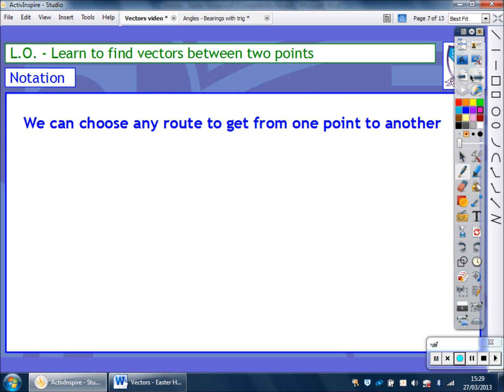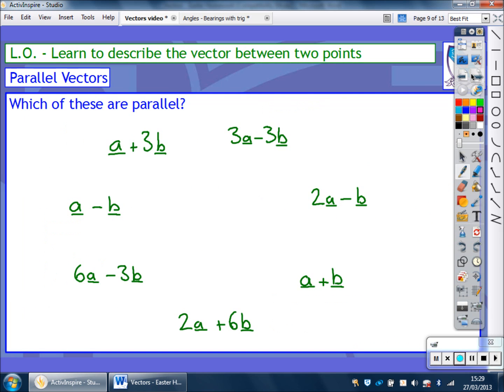Let's have a look at the kind of thing I mean. So if we want to match up parallel vectors here, we're going to have to factorize the expressions and see which vectors have got equivalent directions. So if I just do this in blue, A plus 3B, I can't simplify that any more, and I can't factorize it. That's as simple as it will go. 3A minus 3B, well, that's the same as 3 times A minus B. 2A minus B, again, that's simplified as far as it will go.